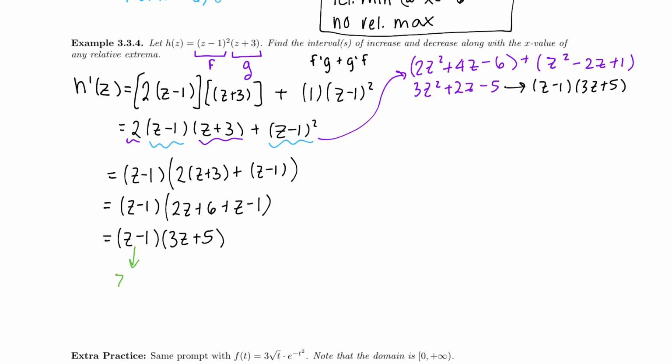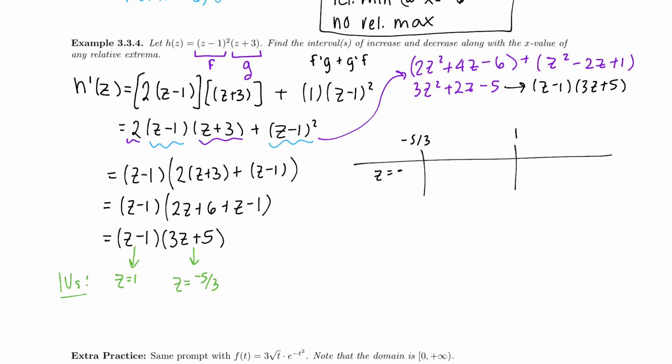So our important values are z equal to 1 and z equal to negative 5/3. So negative 5/3, 1. Let's see, we have z equals negative 2 will work, 0 and positive 2.